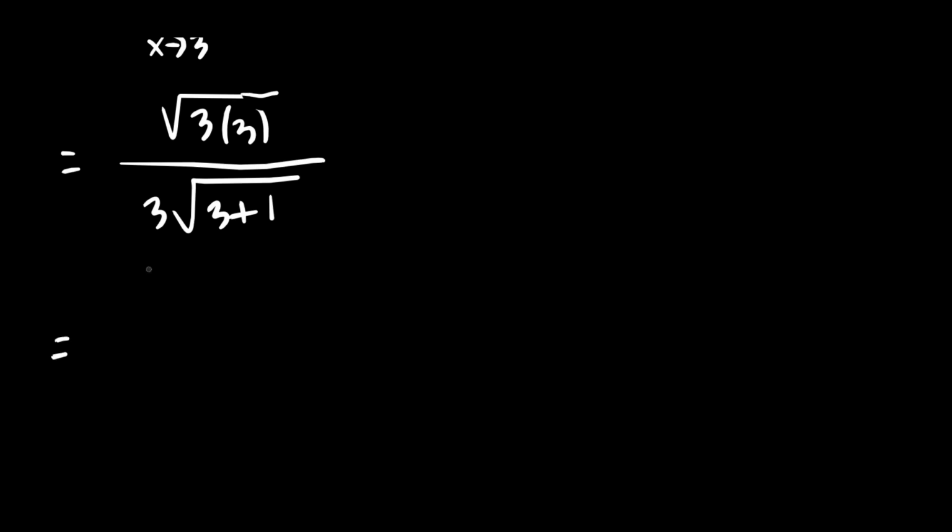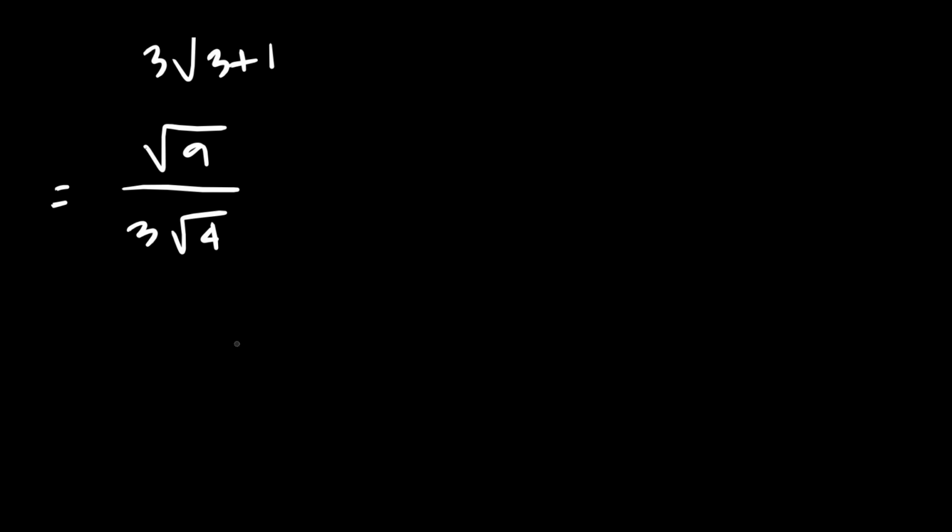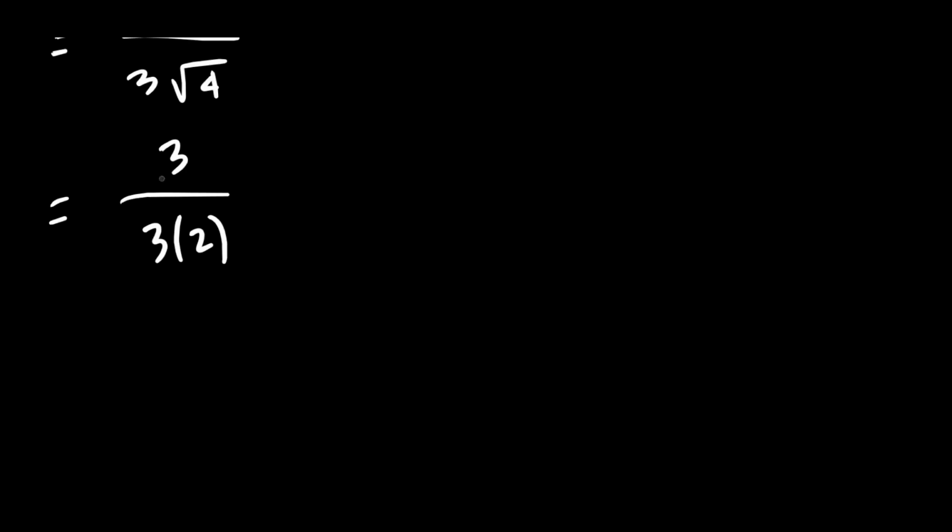So the cube root of 3 times 3 is just equal to the cube root of 9 all over 3 multiplied by the square root of 3 plus 1, which is just equal to the square root of 4. So the root of 9 is just equal to 3 all over 3. So the square root of 4 is just equal to 2. So 3 times 2. So we'll cancel 3. So the remaining is 1. So the final answer is 1/2.